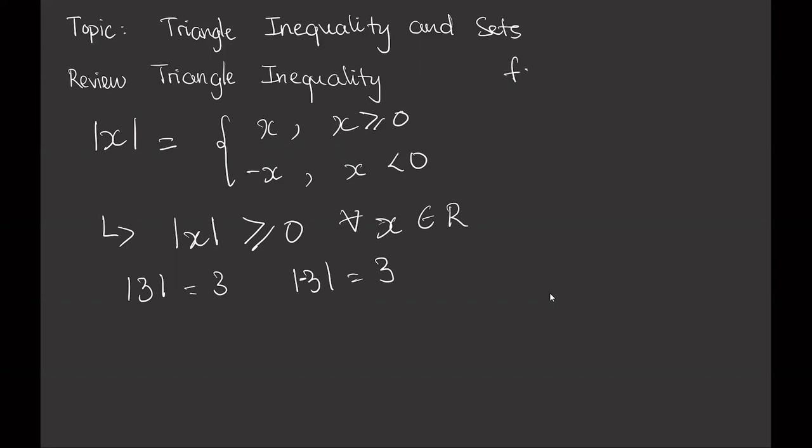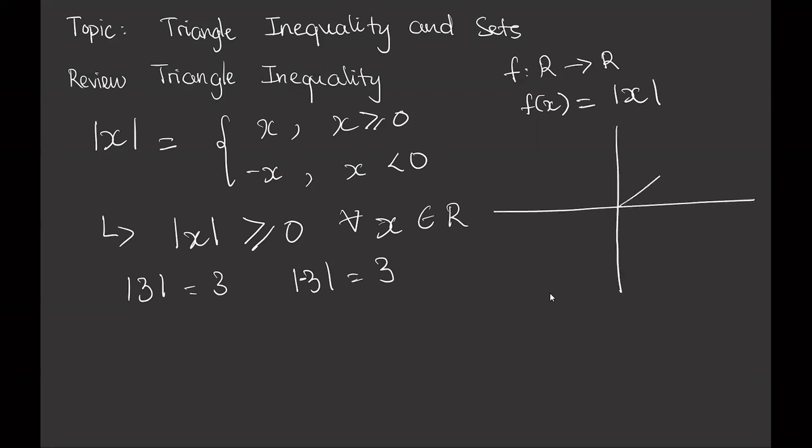And let's say you have a function, domain is R and codomain is R, and the function is the absolute value of x. When you graph it, it looks something like this. They are symmetric through the y-axis. If you look at the y value, it actually stands for f(x).